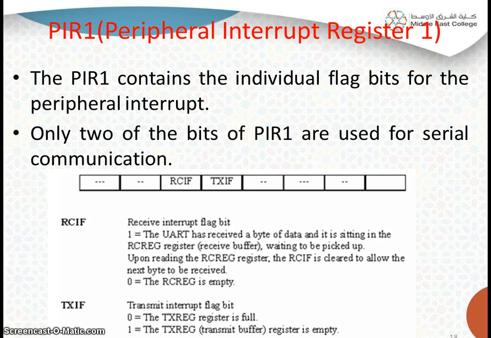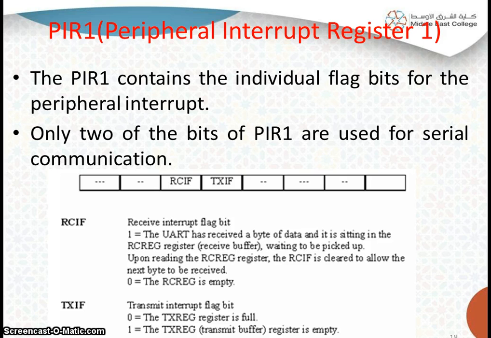RCIF will be 0 when the RCREG is empty, that means the data is not at all collected in the RCREG. RCIF is 1 means the complete data byte is received and it is sitting in the RCREG.